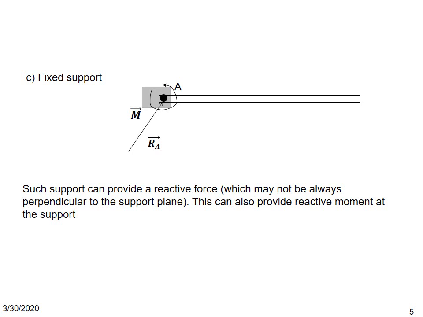Now the third kind of support is a fixed support. Fixed support means you have a beam which is fixed at one of the ends. The characteristic of such a support is that it can provide a reactive force which may or may not be perpendicular, depending on the external force acting on the beam. Plus, it can also provide a reactive moment at the support, depending on the forces we are applying to the beam.